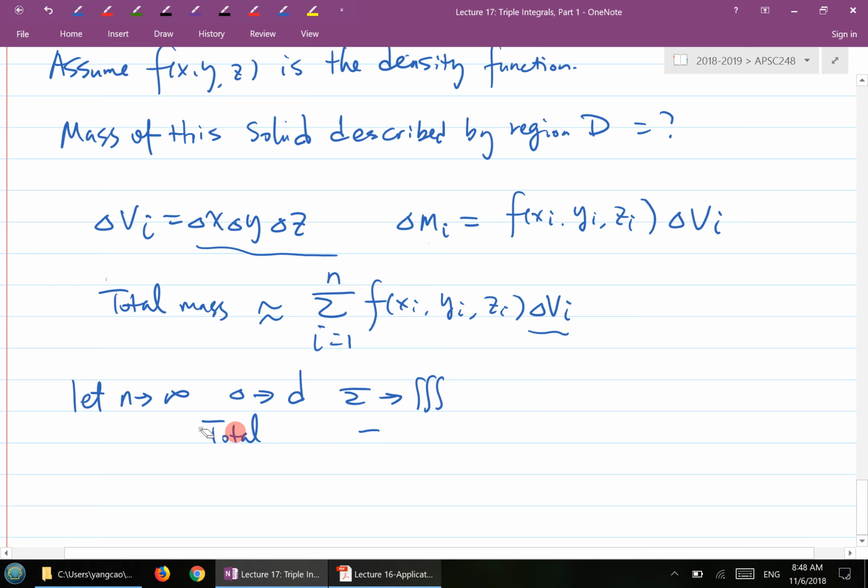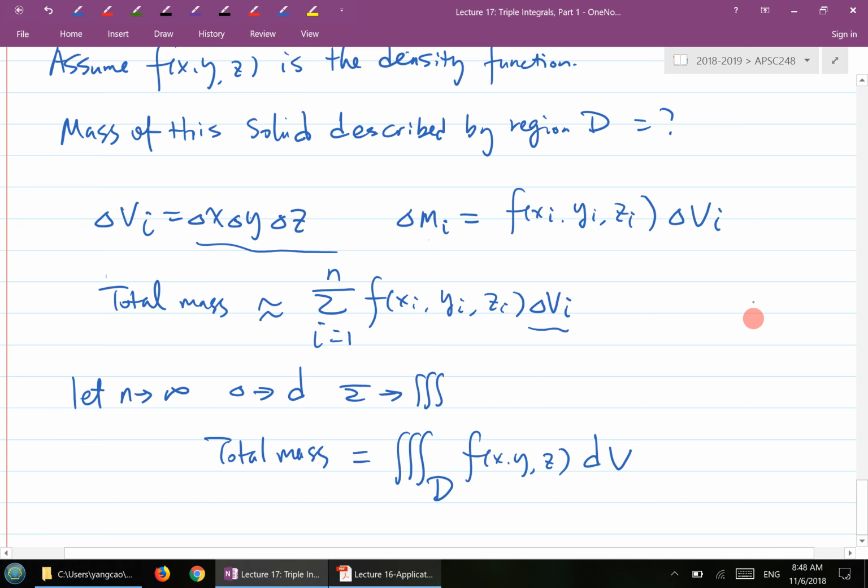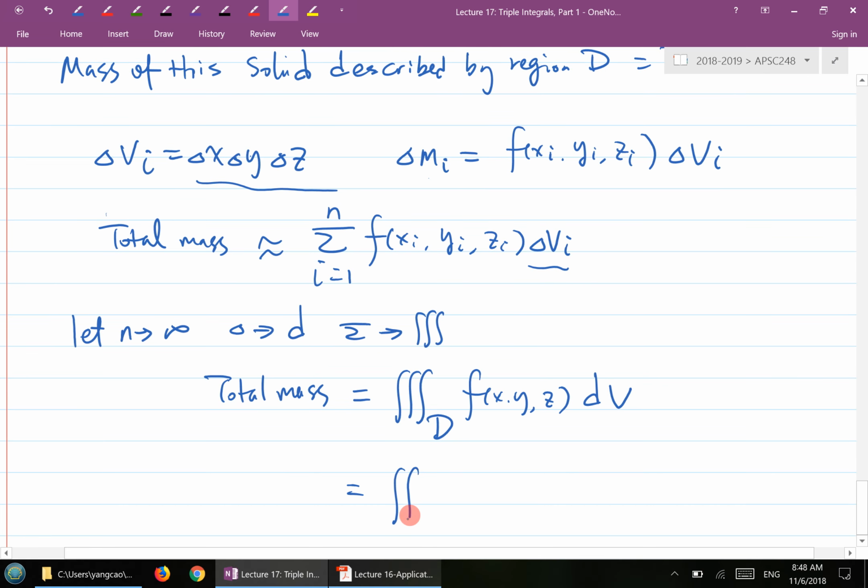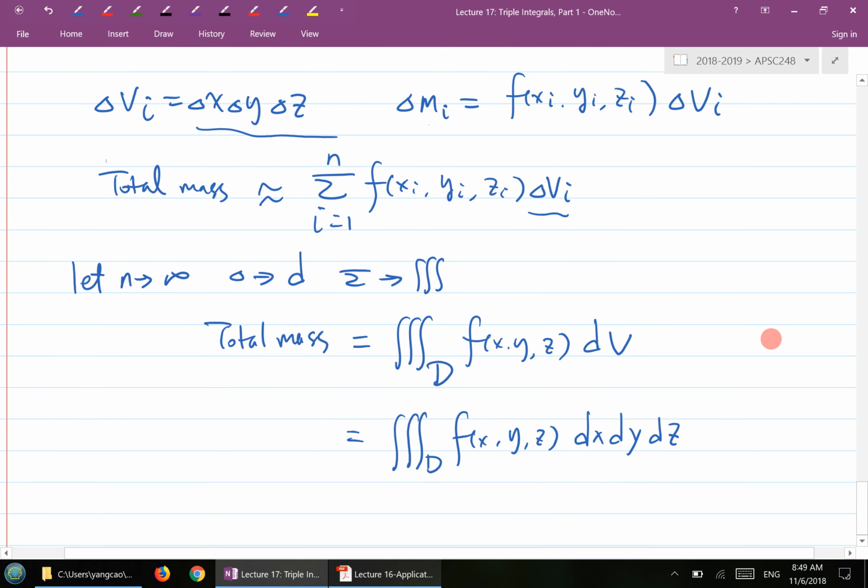So now my total mass is equal to a triple integral over the given region D of the density function times dV. dV is the small differential volume, so it can be dx dy dz.